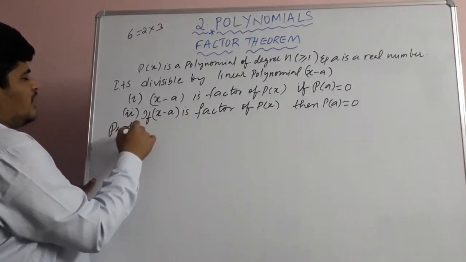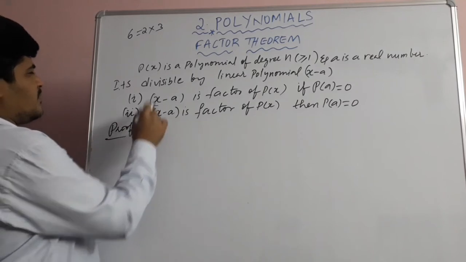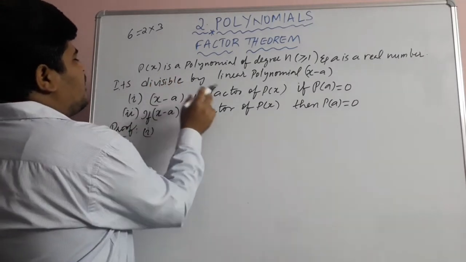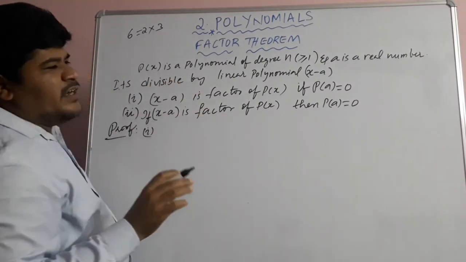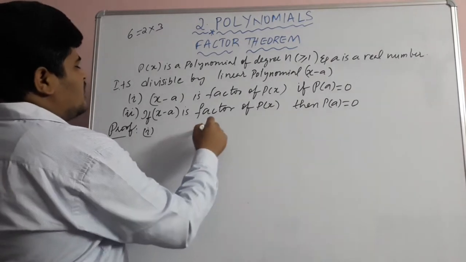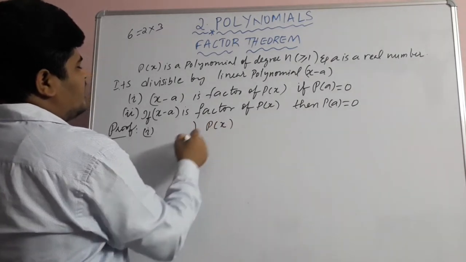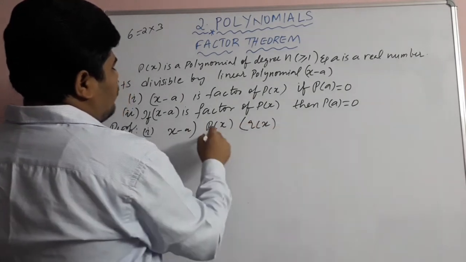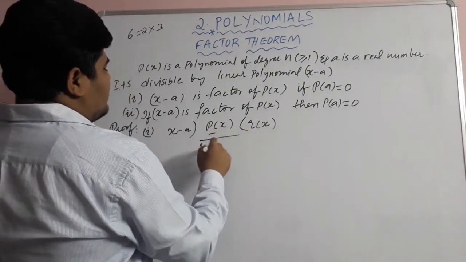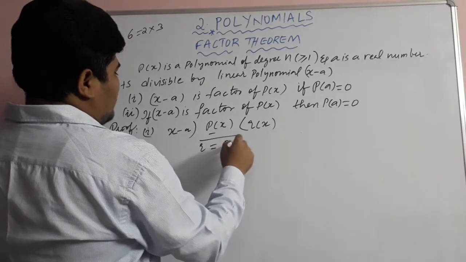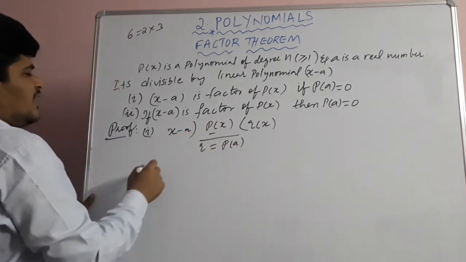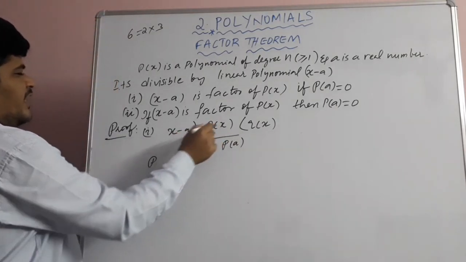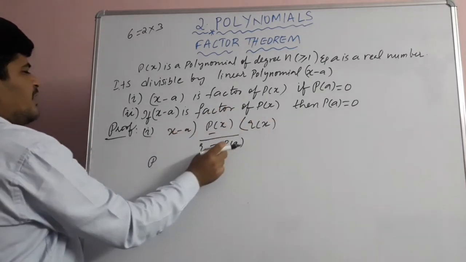Now I will prove the first statement: x minus a is a factor of P of x if P of a is equal to 0. Let P of x be divided by x minus a, with quotient q of x. The remainder r is nothing but P of a. Now apply the division algorithm: dividend equals divisor into quotient plus remainder.